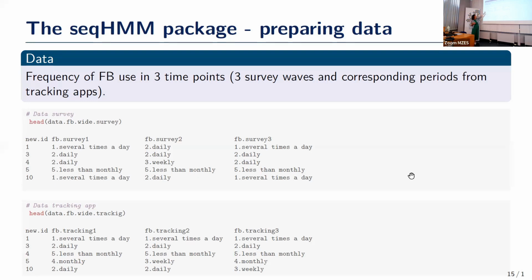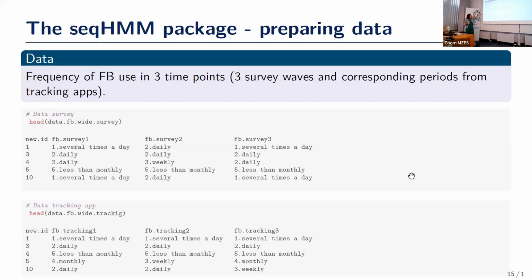So people could say they use it several times a day, daily, weekly, monthly, and less than monthly. And we again match the tracking data to those categories in the survey. It's a bit imperfect, but we did some robustness checks, and regardless of how we exactly match the tracking data with the survey data, we get the same findings.